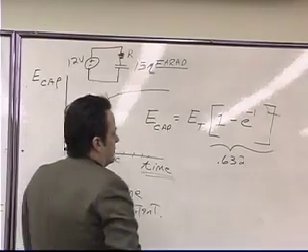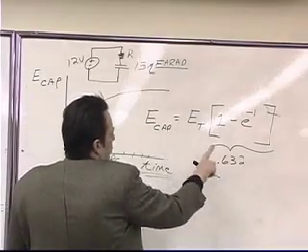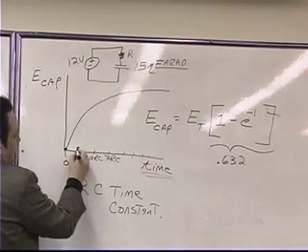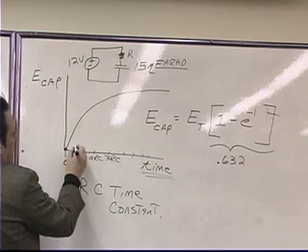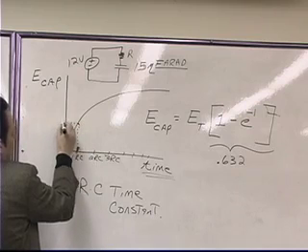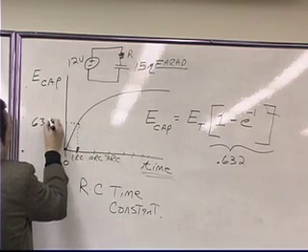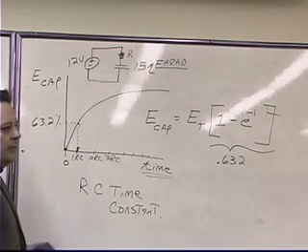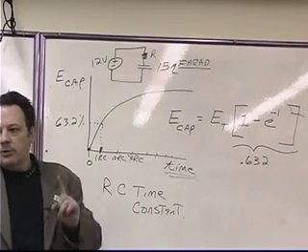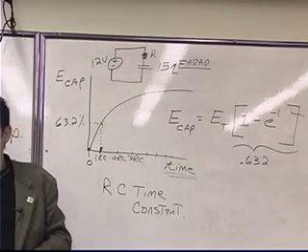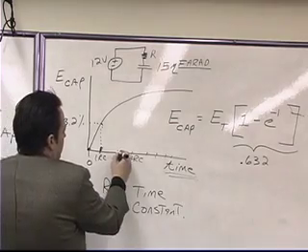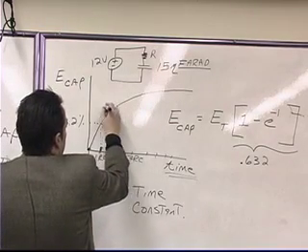So basically what we're saying is that after one time constant has gone by, the voltage on the capacitor has built up to 63.2% of the battery voltage. We call that one time constant. 63.2%.